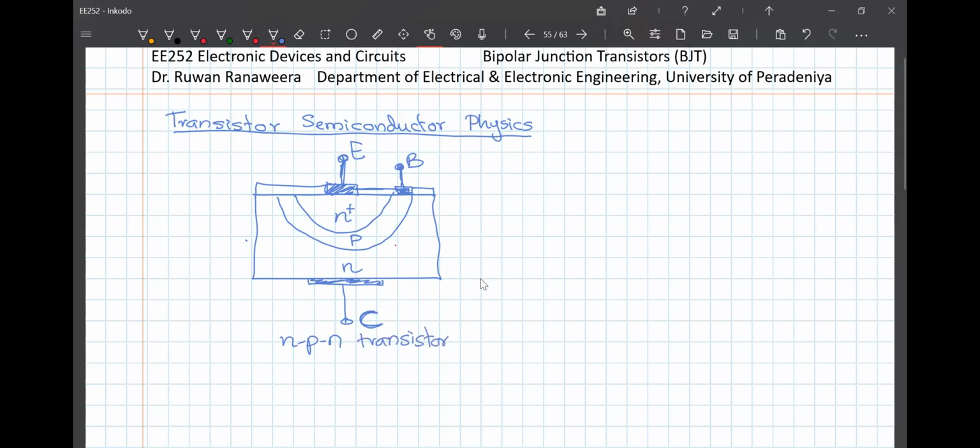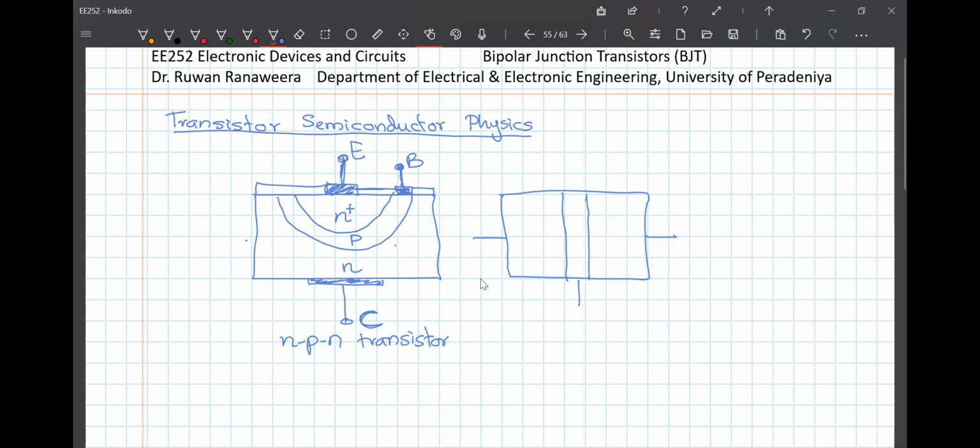Similarly, you can create a PNP transistor also. Though it looks like this, for ease of analyzing, let me draw this as a rectangular shape. Okay, like this. So let me mark it.